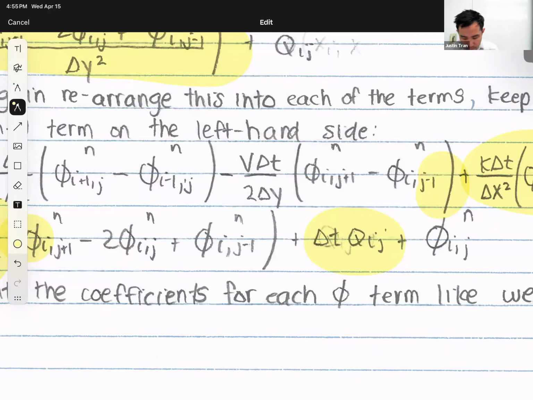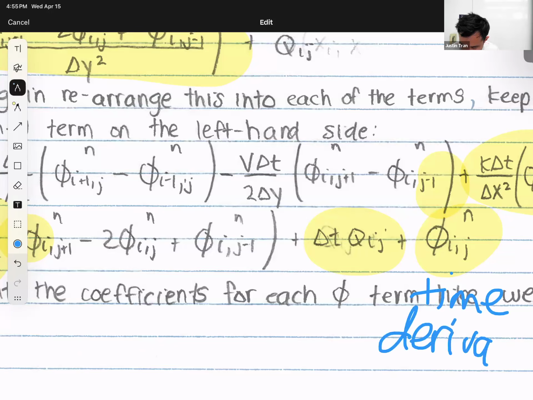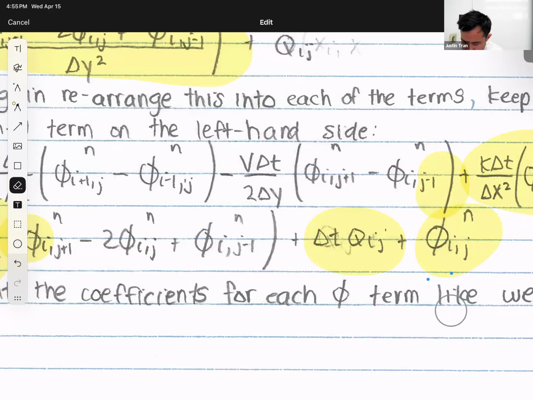Also, in the equation I was writing in class just now, this phi i,j at n, I moved to the front of the equation, but it came from the time derivative term. So that's step one of the derivation here.